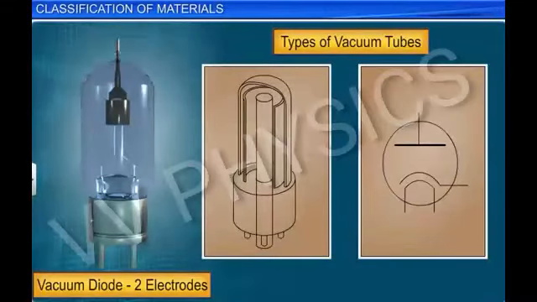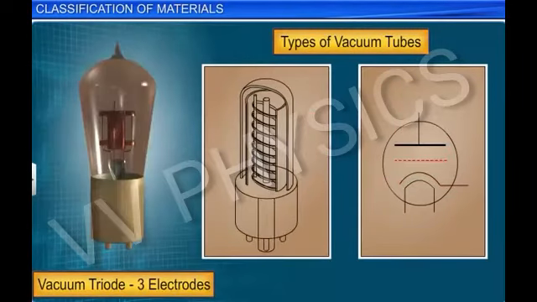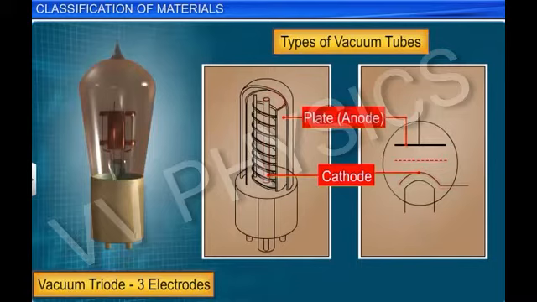The vacuum diode has two electrodes, an anode and a cathode. The triode has three electrodes, a cathode, a plate, and a control grid.